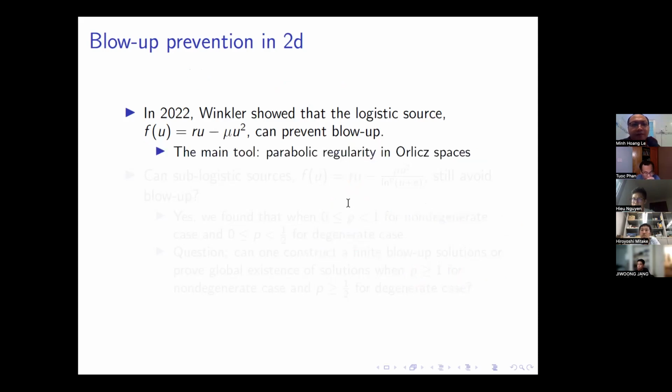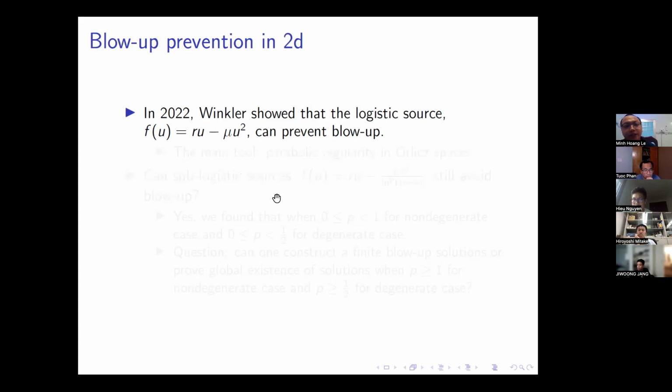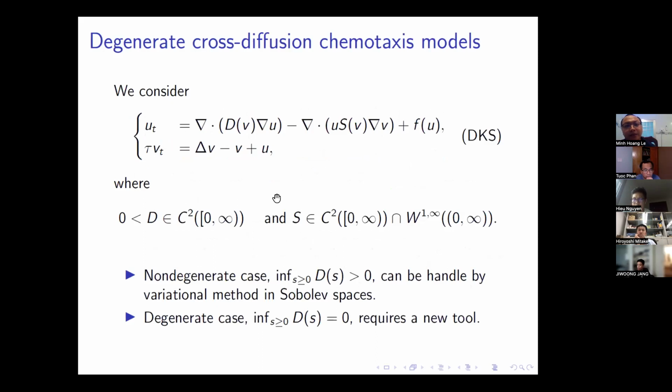So he can show that the logistic source ru minus bu square is actually strong enough to prevent blow-up, and the tool he used is parabolic regularity in Euclidean spaces, right? And so we can ask the question. We can combine the paper in 2017, where f(u) equals this sub-logistic source, with the general equation like the paper in 2022.